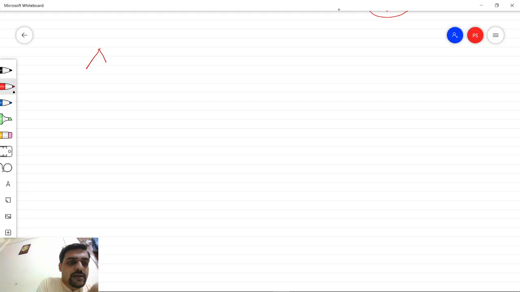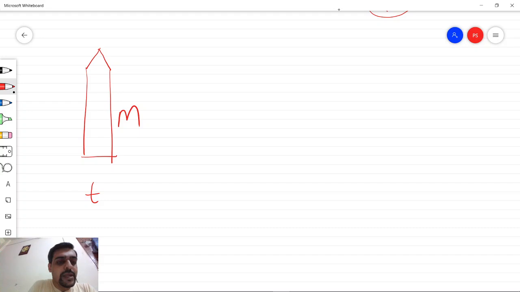So we will consider this case where initially at some time t, the rocket has a mass m which is moving with velocity v in upward direction, which is considered as positive direction. At some later instant t plus dt, some part of the mass of this rocket, which is in the form of fuel, is burnt.